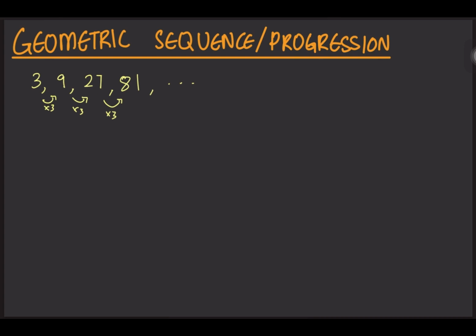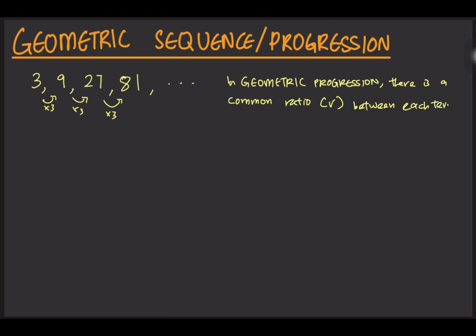Okay, let me write it out in a complete sentence. In geometric progression, there is a common ratio, often denoted as r, between each term of the sequence, or you can say series.